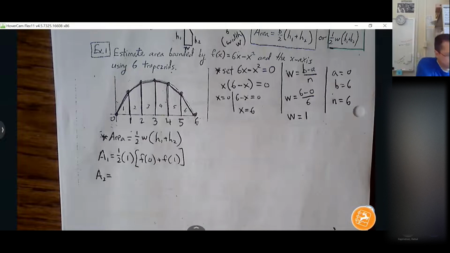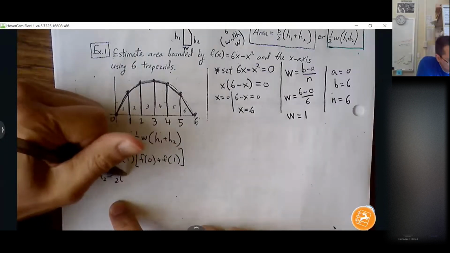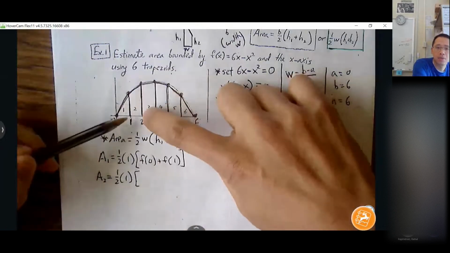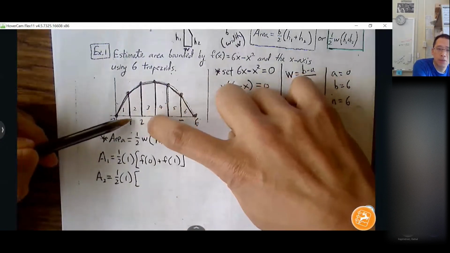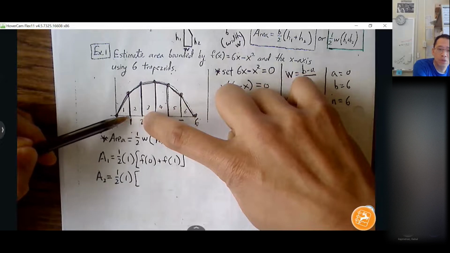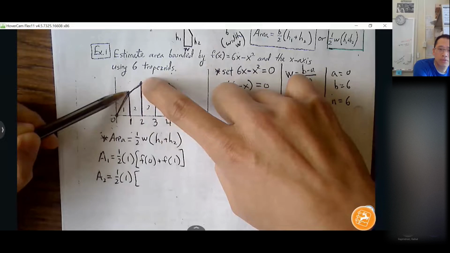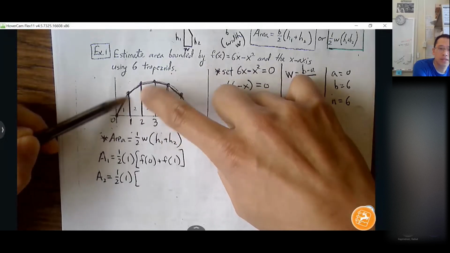A sub 2. The second shape here, trapezoid, width is 1, but the heights, we're going to attach f of 1 and f of 2 to the curve. Those will represent the heights of my second trapezoid.